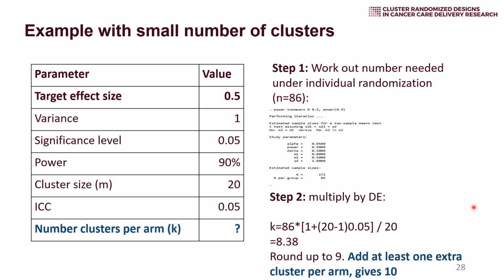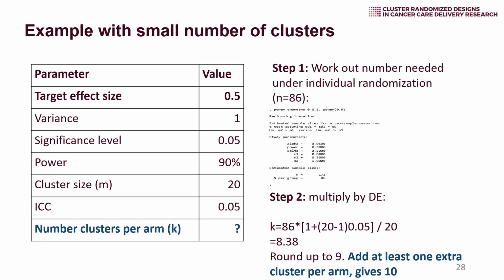So we take this 86 and we multiply that by the design effect, which again follows the same formula of 1 plus the cluster size minus 1 multiplied by the ICC, divided by the cluster size. It turns out that this exact value is 8.38. We have to round up to the value of 9.